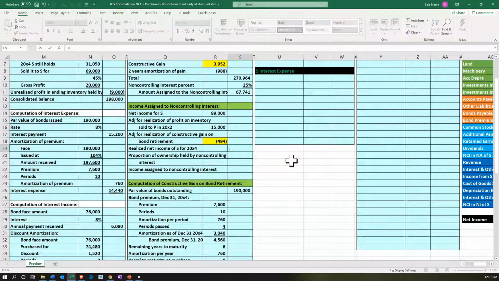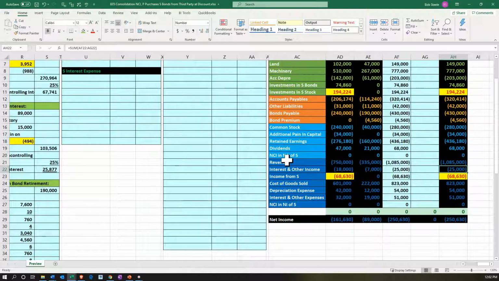This is the sum of these items, which takes the 89,000 plus the 15 minus the 494. Then we just need to allocate that to the non-controlling interest, which once again is the 25%. So we take that 103,506 times the 25%, and that's the 25,877 that we expect this number to be.